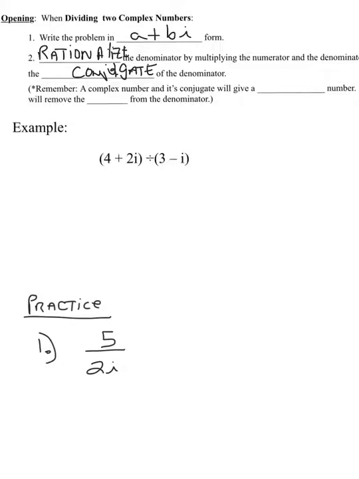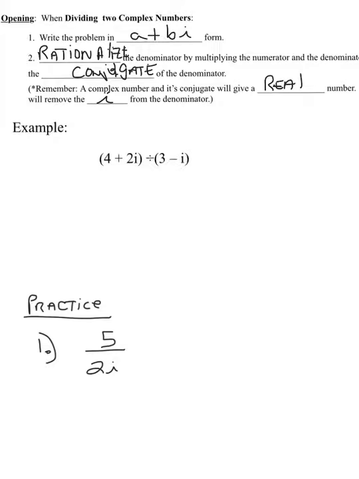Remember, a complex number and its conjugate will give you a real number, and we'll remove the i from the denominator, so the imaginary part.